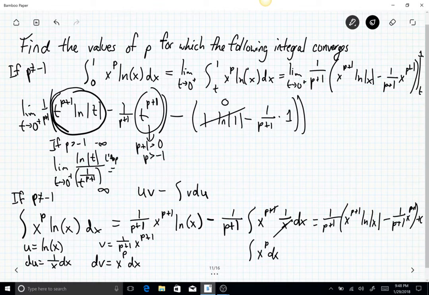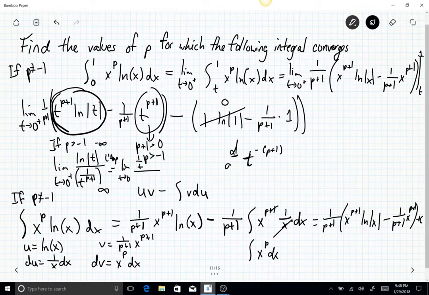So we'll use L'Hopital's, and so that means we get the limit as t approaches 0 from the right, and this would become 1 over t. And since that's t to the negative quantity p plus 1, hold on, I want to take the derivative of this.